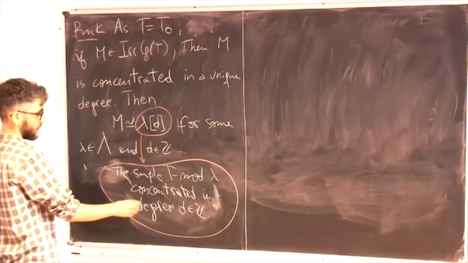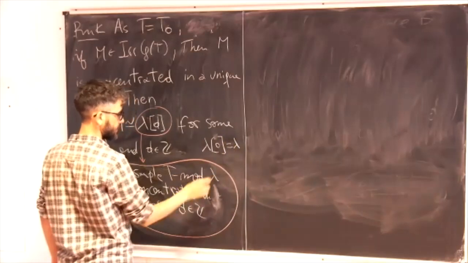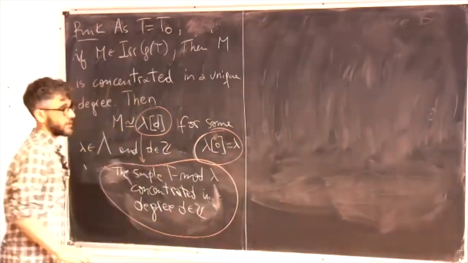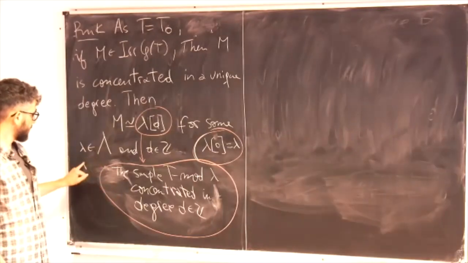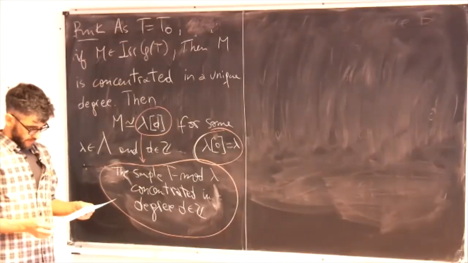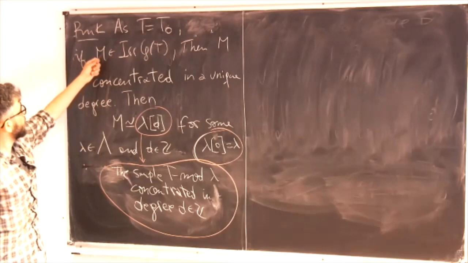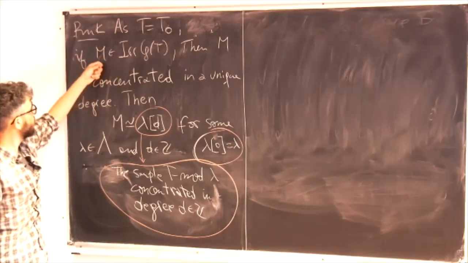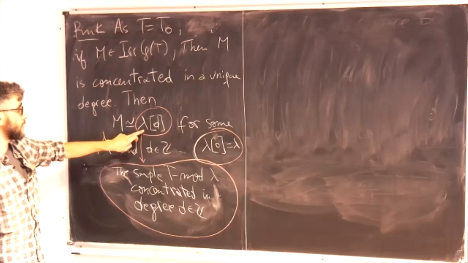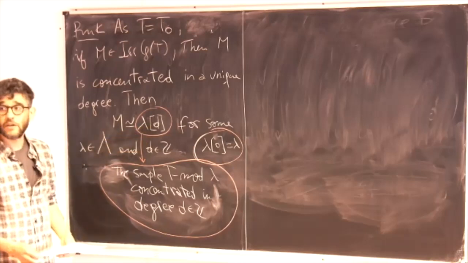And of course, lambda 0 is just lambda, because we are considering lambda in the category of modules of ungraded modules. Okay, and because of this, we have that every simple graded module over T is isomorphic to a module of this form, lambda and d.